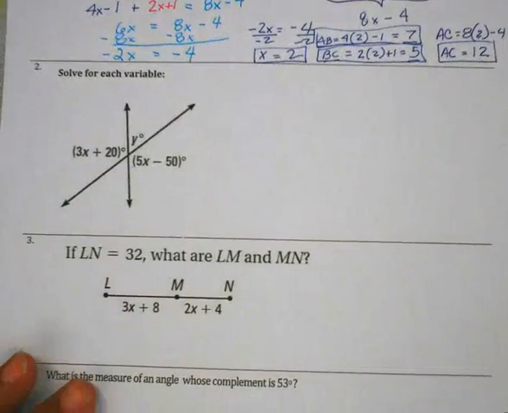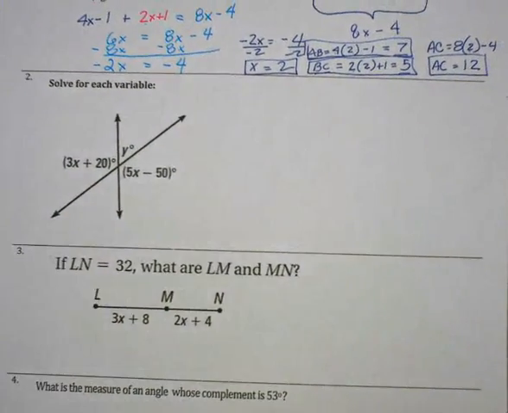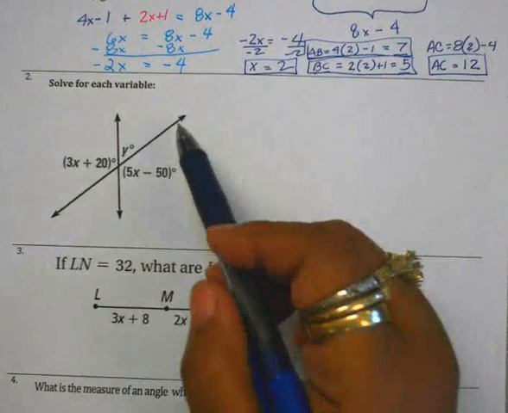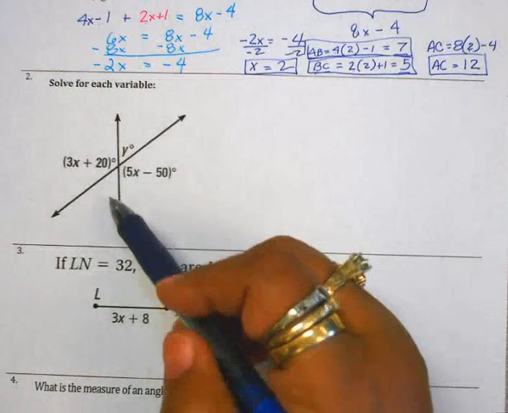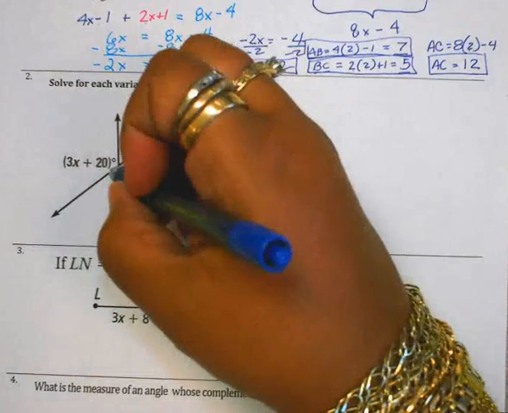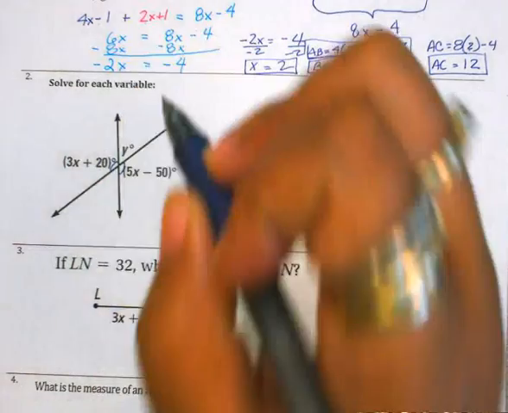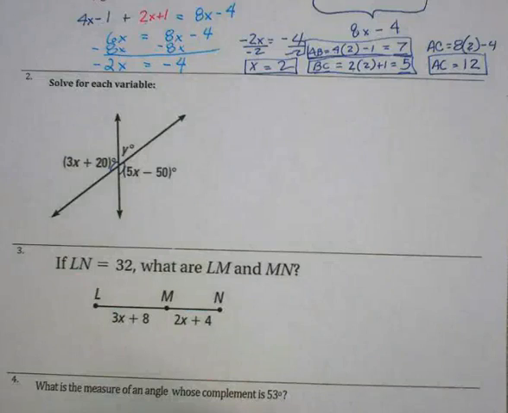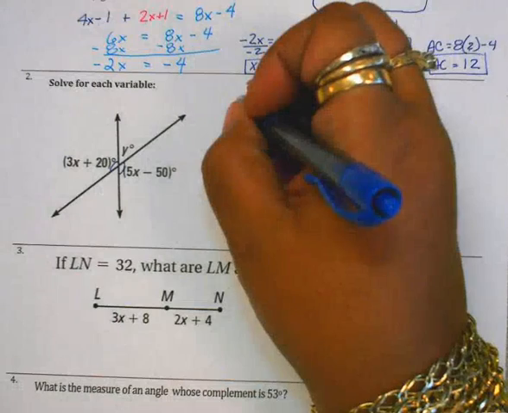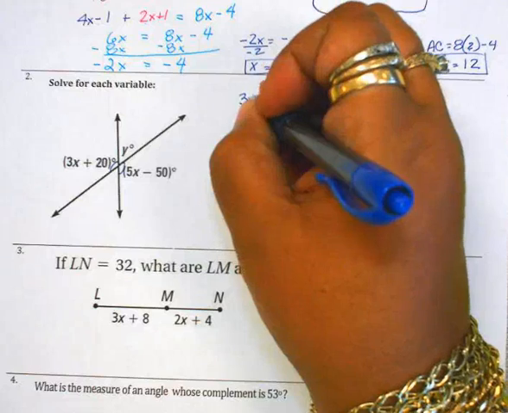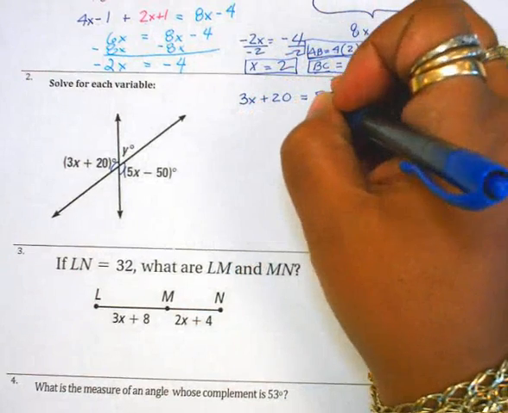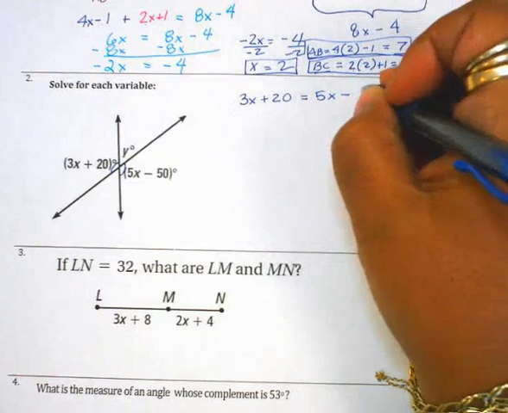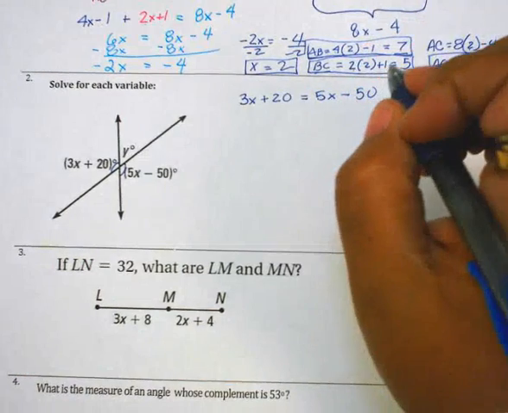Solve for each variable. I have some angle pair relationships I have to look at. Whenever I see two lines intersecting and creating what appears to be an X, I know that this angle and this angle are called vertical angles, and they're equal to each other. So I could write an equation, 3x plus 20 is equal to 5x minus 50. Okay?